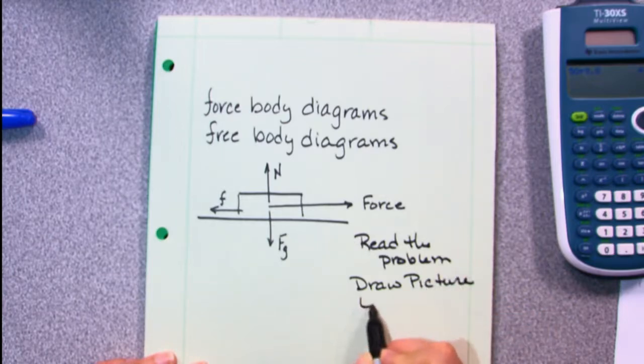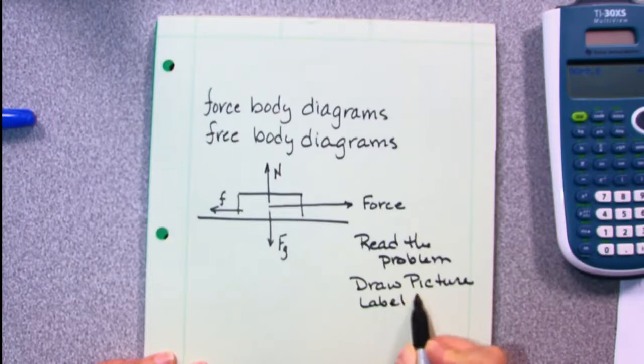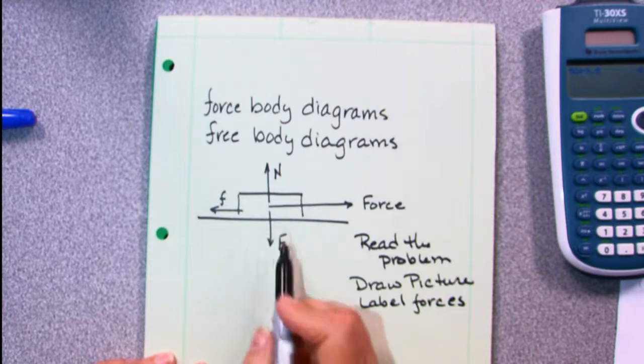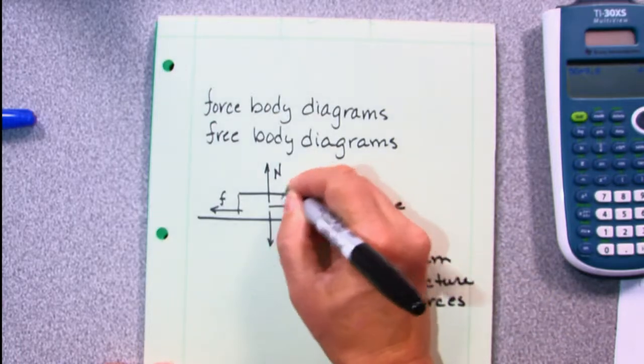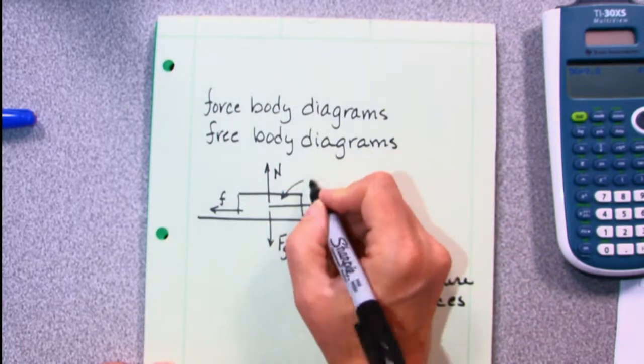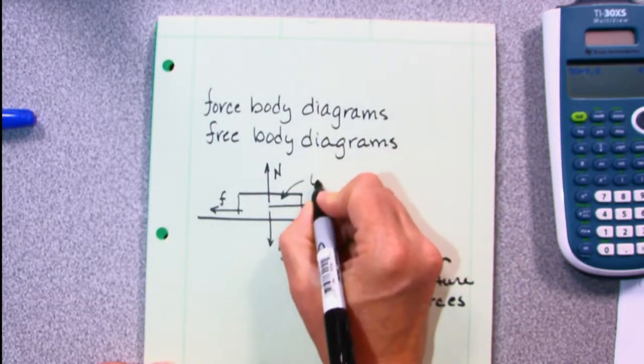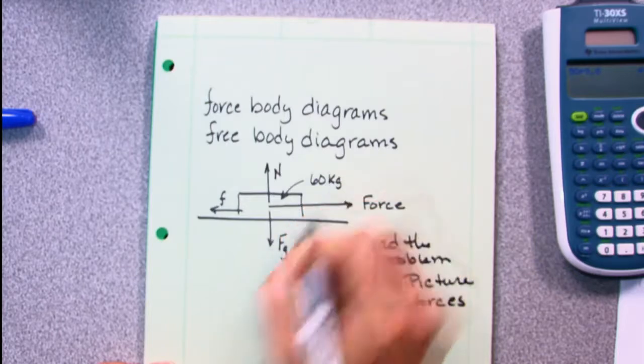You want to label your forces. And then you want to list your data, and you can put your data in there. So if this happens to be, well, I'm going to make it a 60 kilogram object.